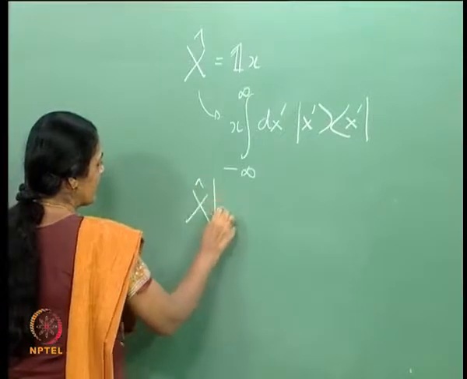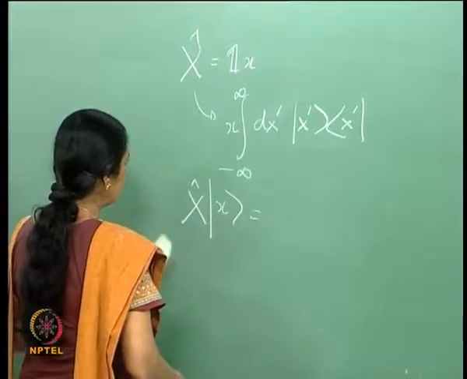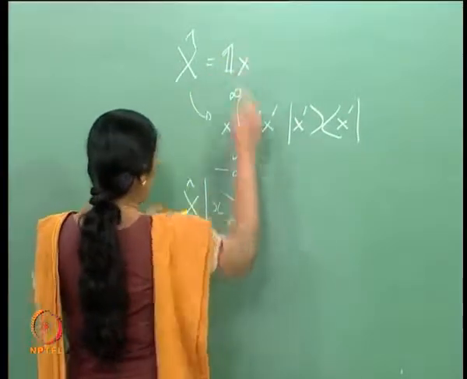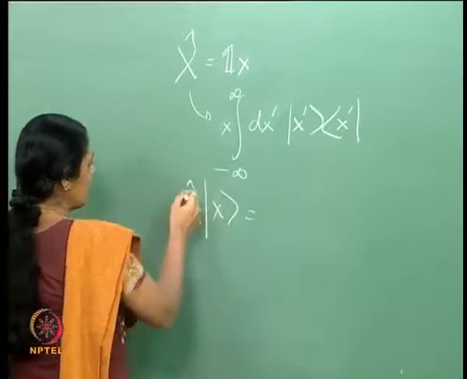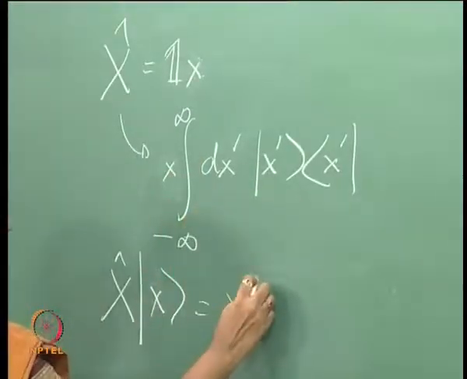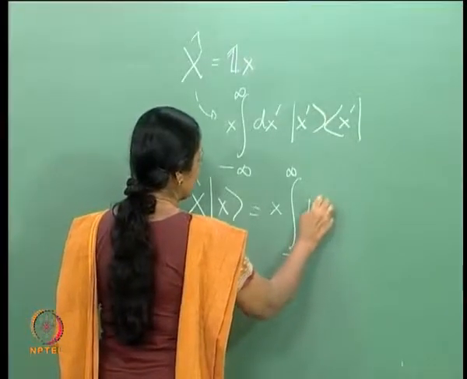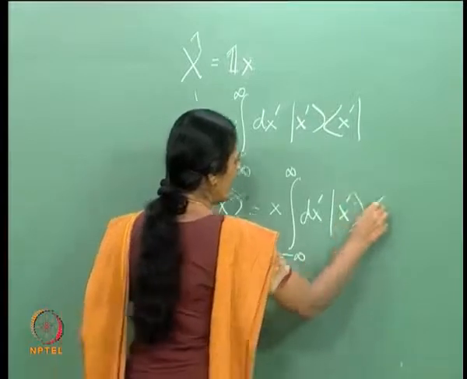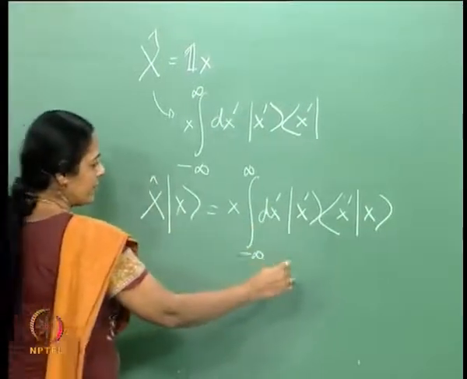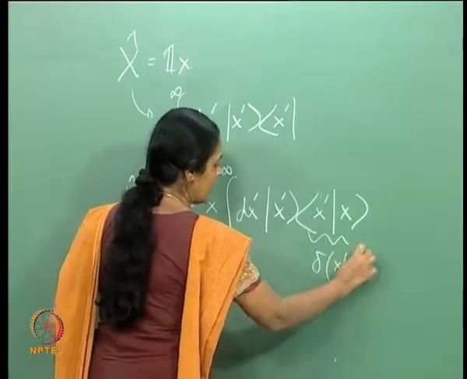So, what happens when the operator acts on the position basis? There is this variable x, dx prime, and then I have this object, and that is a delta of x prime minus x.